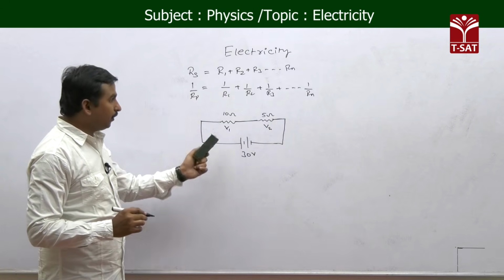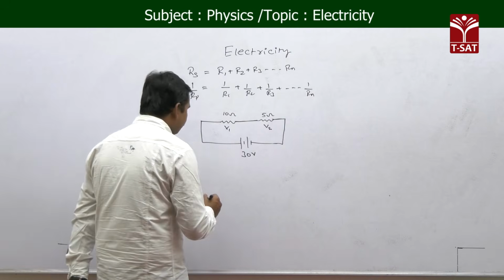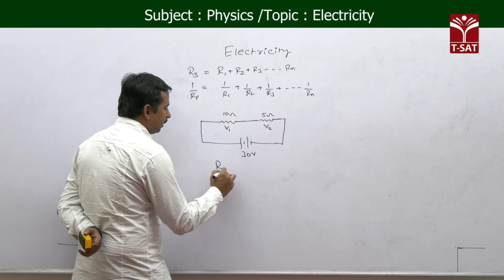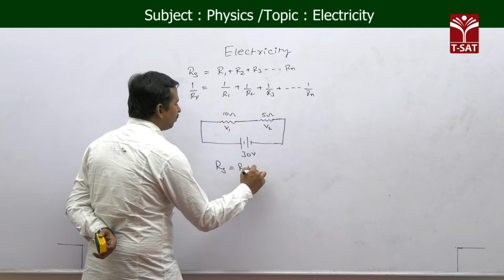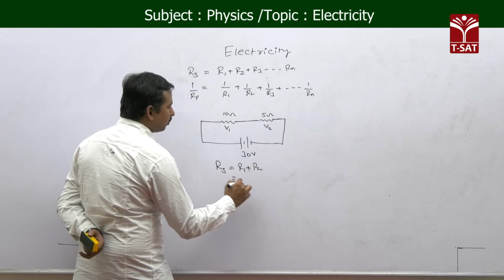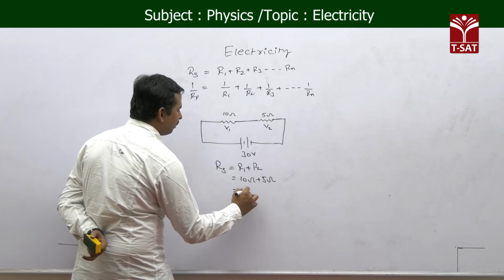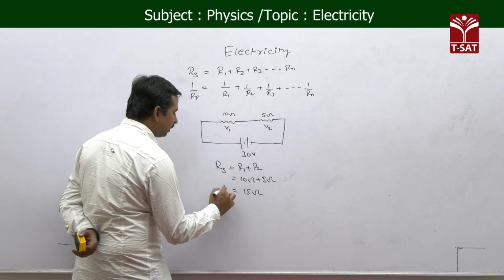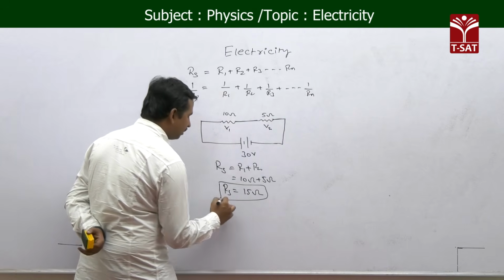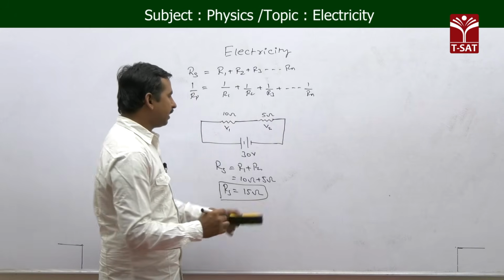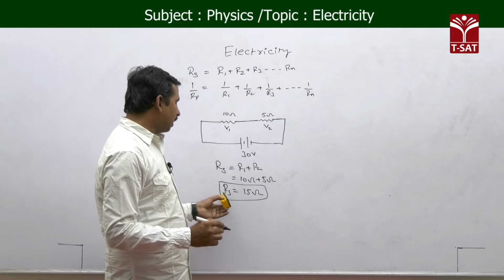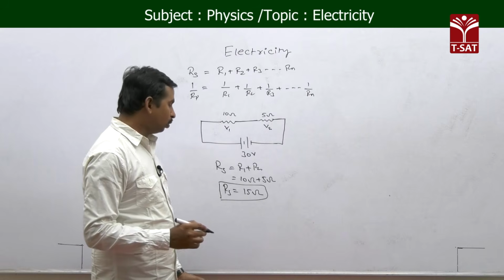And we know that the equivalent resistance in case of series is R1 plus R2, whereas R1 is 10 ohms and R2 is 5 ohms. Then in total it becomes 15 ohms, the final resistance offered in this case. Then we can take Rs equal to 15 ohms.